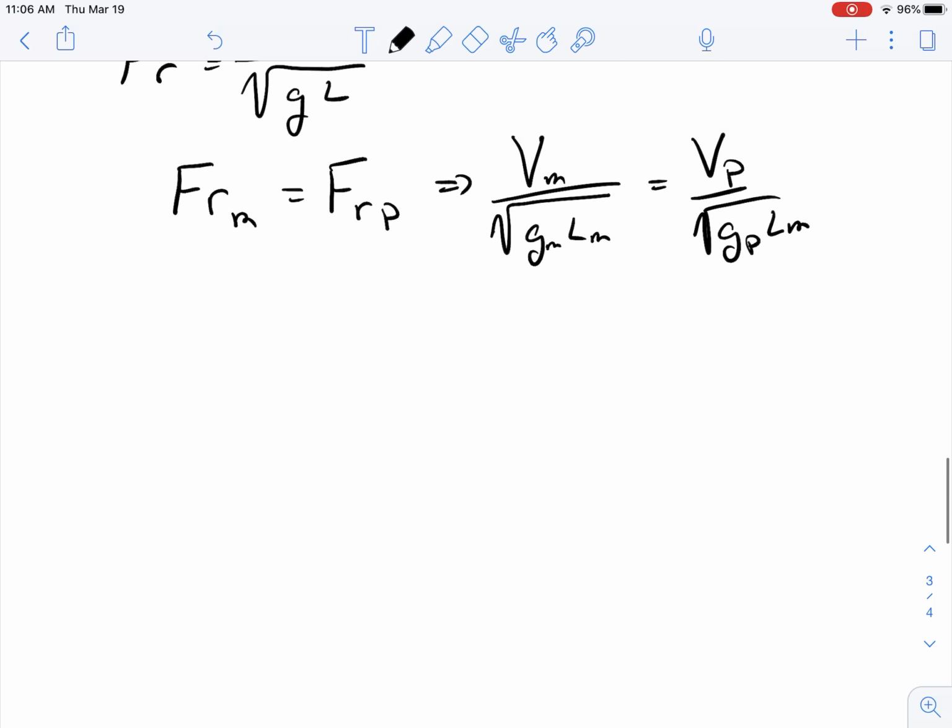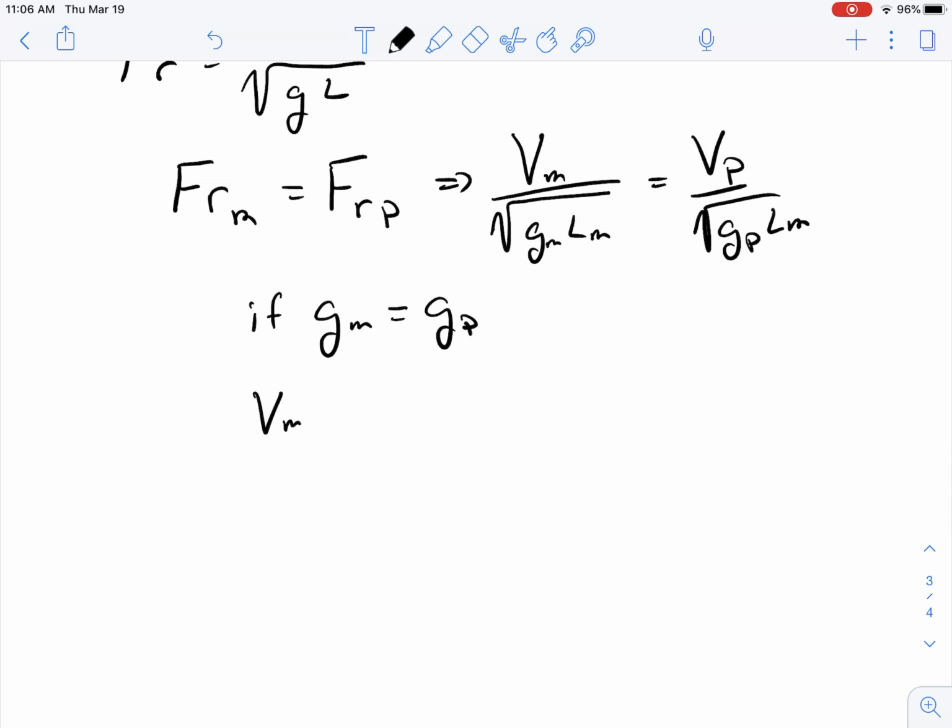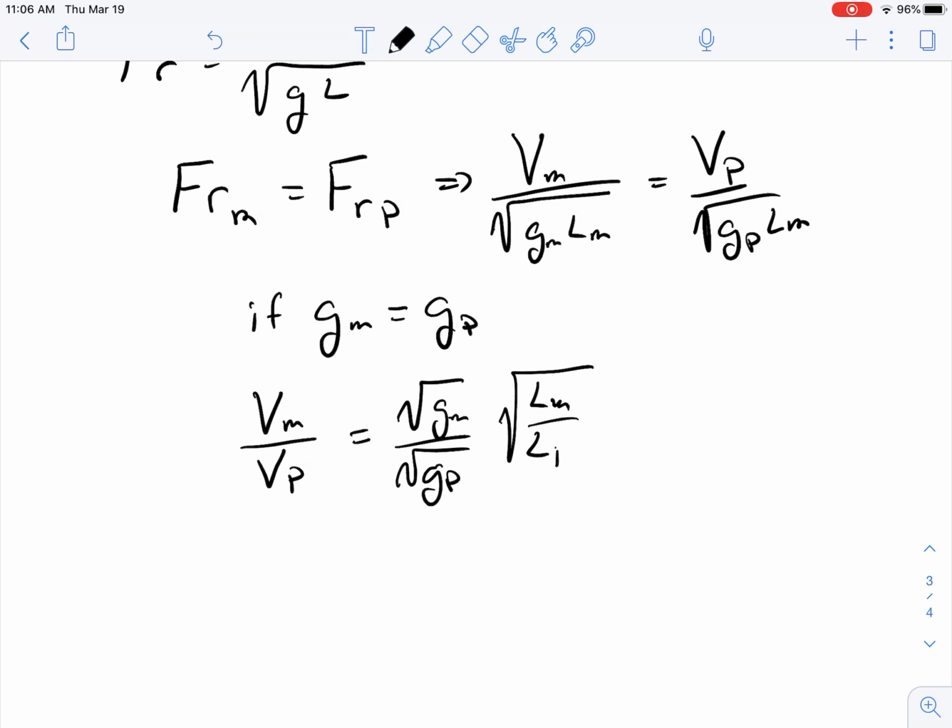Now, generally, we can't vary gravity too easily, so if the gravity in the model is equal to the gravity in the prototype, that limits what we're able to do. The ratio of the model to the prototype velocities is simply the square root of gravity of the model over gravity of the prototype, times the square root of the model length scale divided by the prototype length scale.